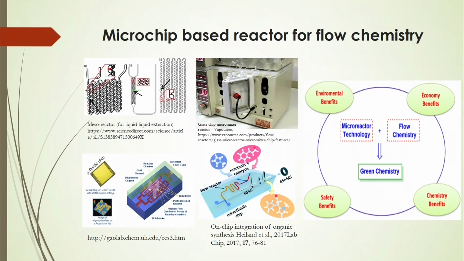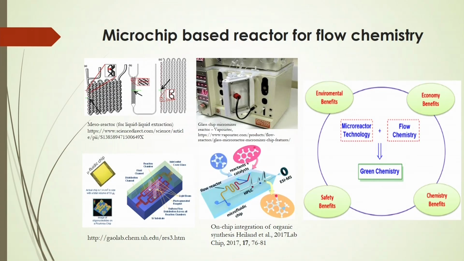Ultimately this micro reactor technology with flow chemistry in the micro reactor will give you that ultimate green chemistry, where you can expect to get environmental benefits, economical benefits, even safety benefits.